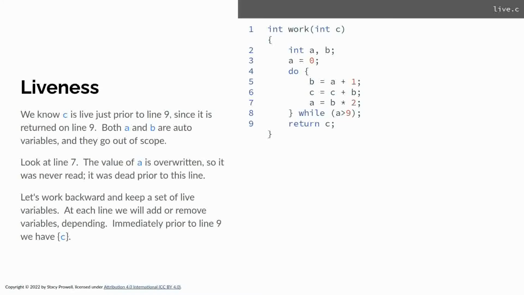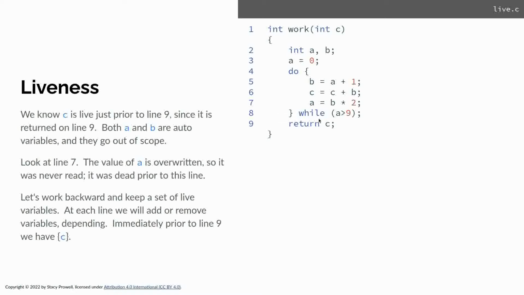Well, let's see if we can figure out what's going on here. If we take a look at line 9, we see that C's value is being used. It's the return value for the whole thing. So C must be live prior to this line. When we talk about liveness, we're not talking about what's live or dead at a particular line of code or instruction, but what is live prior to and after an instruction or a line of code.